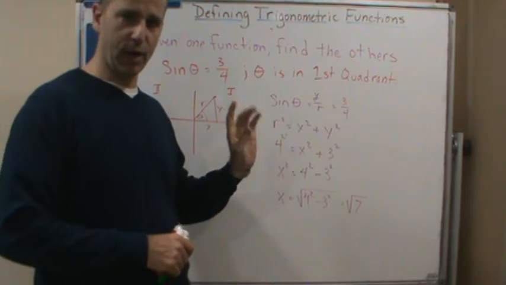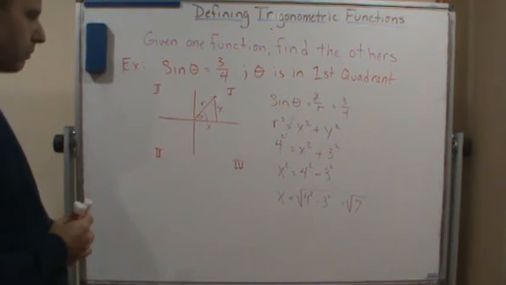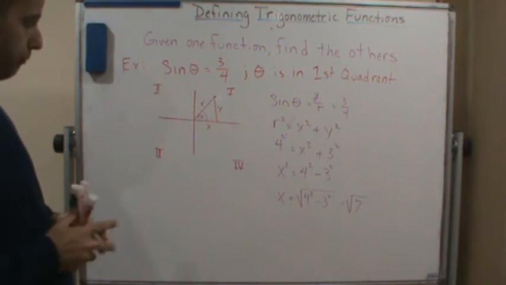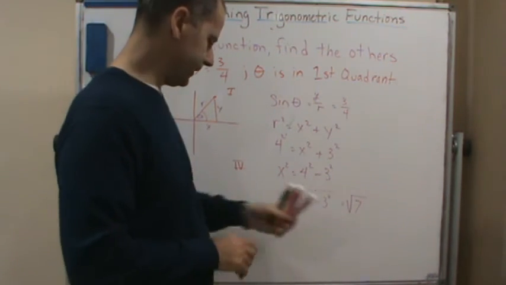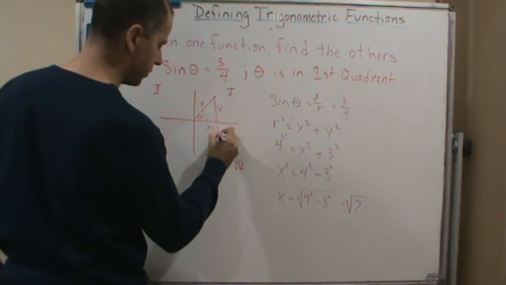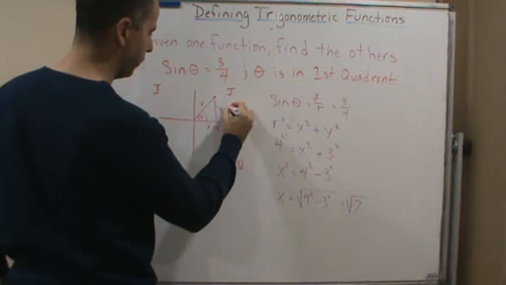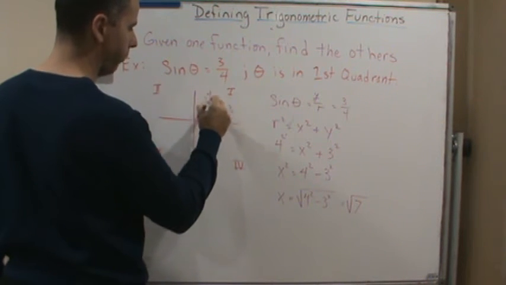I miswrote one of the numbers, but it doesn't change the problem. Now we've got x. X is equal to the square root of 7, y equals 3, and r equals 4.